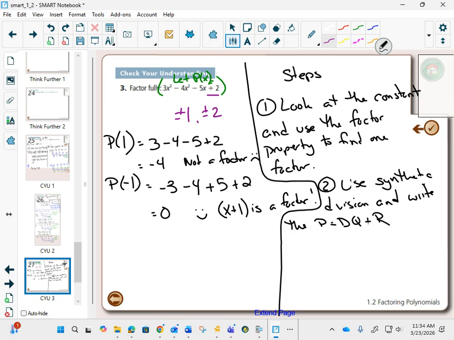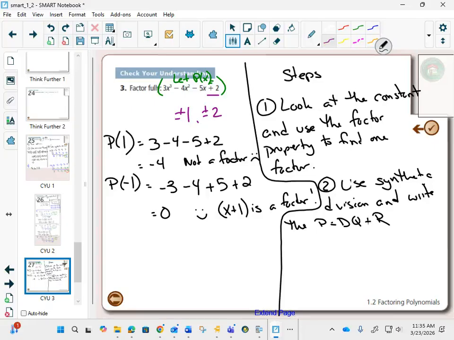Next, we're going to use synthetic division and write the division statement. And some people, after this, might just go to synthetic division anyways. We can find out if something's a factor if the remainder is 0. And you can find the remainder is 0 either with the remainder theorem or with synthetic division.